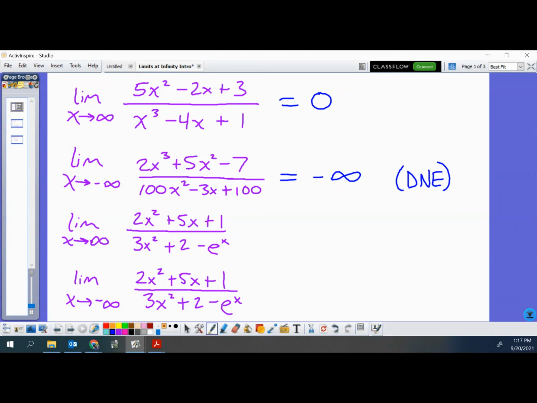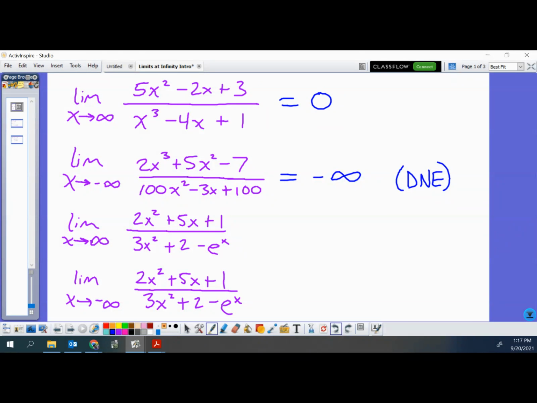The next one here, if you look, they have the same degree with the polynomial terms. However, there's also this exponential term, and that matters. Again, if you have an idea right now, pause and think and see if you can come up with the answer.